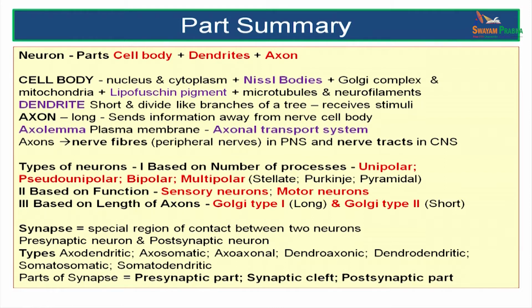Based on the length of axons, we classify them as Golgi type 1 or long and Golgi type 2 or short. We have also spoken about a synapse. What is a synapse? A junction between two nerve cells, and various types of synapses which we have commonly shown you: axoaxonic, axosomatic, axodendritic, and the structure of a synapse including the presynaptic part, the postsynaptic part and the synaptic cleft in between. Now let us proceed to the second part of the lecture.